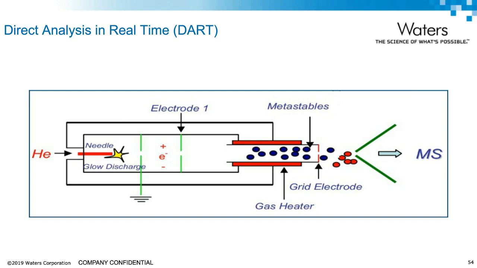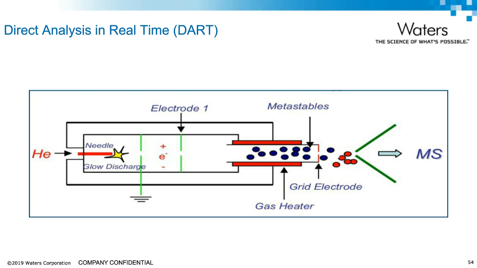An electrical discharge in the source creates a plasma. This plasma contains ions, electrons, and excited neutral atoms and molecules. Electrostatic lenses in the DART source remove the ions and electrons, leaving only long-lived excited atoms and molecules known as metastables.